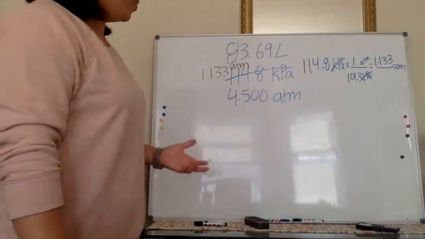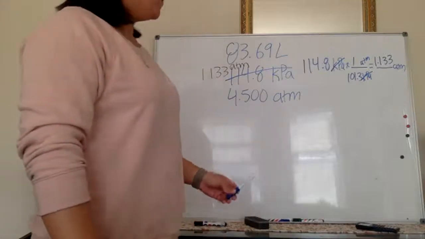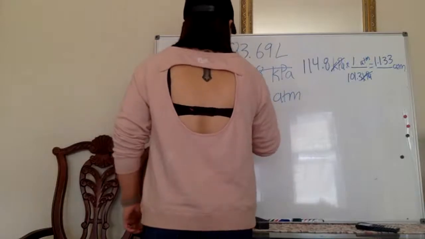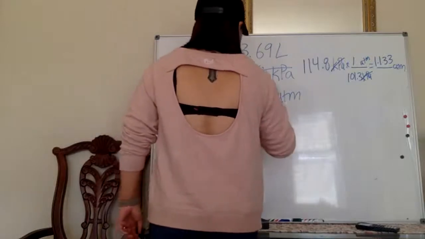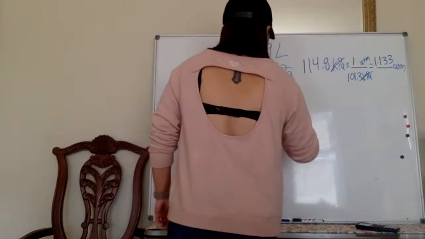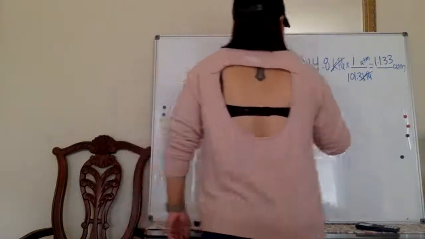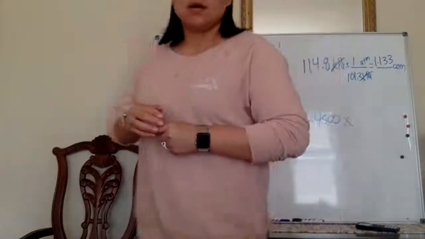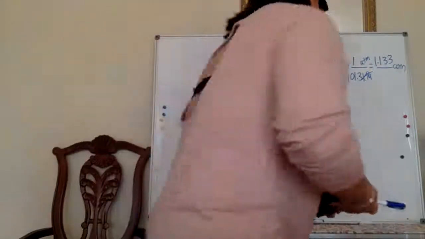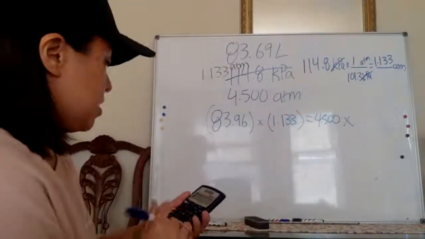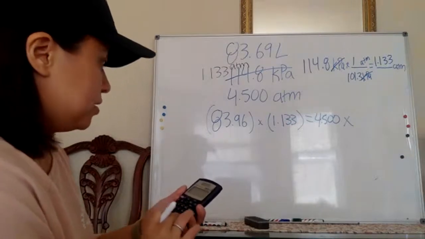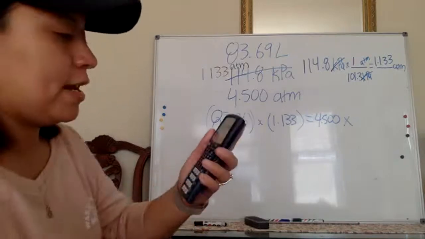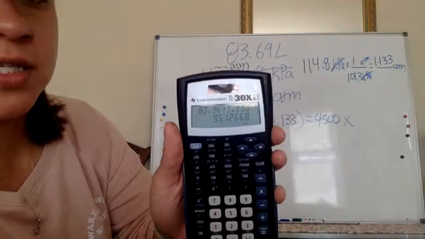Now I just do Boyle's law, just like I did before, which is volume 1 times pressure 1 equals volume 2 times pressure 2. So it's going to be 83.96 multiplied by 1.133, equal to 4.500 times X. Multiply that and you get 95.12668.